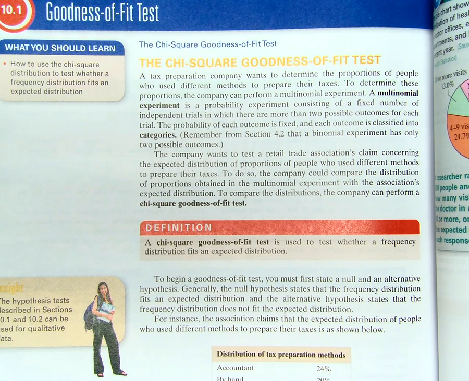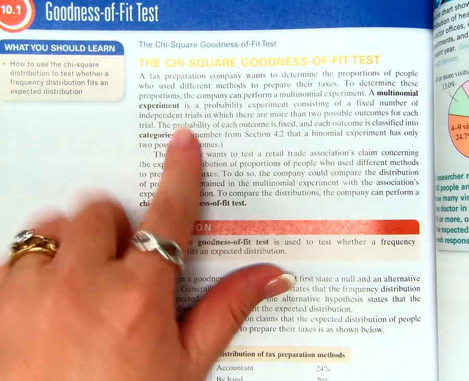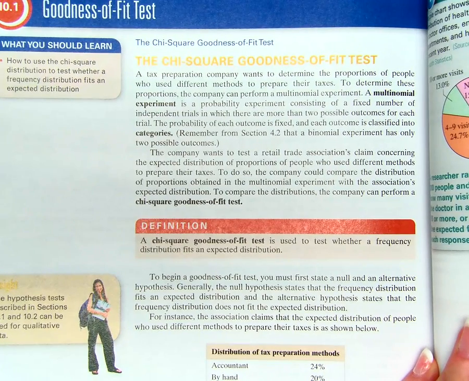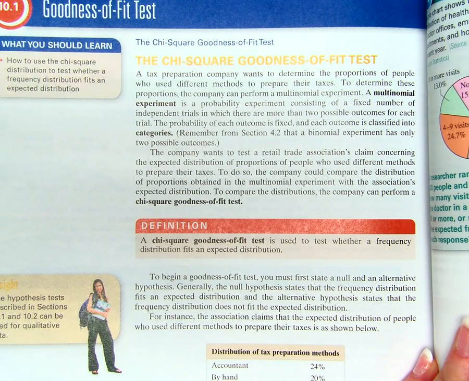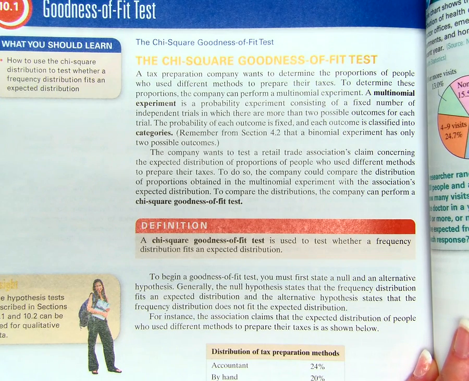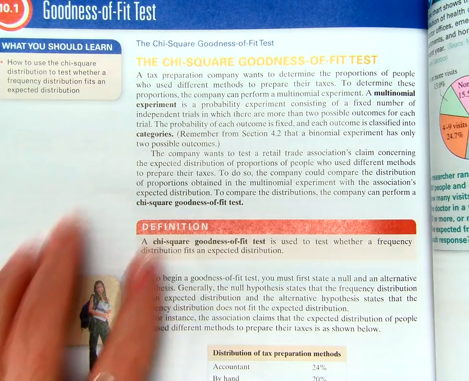To determine these proportions, the company can perform a multinomial experiment. A multinomial experiment is a probability experiment consisting of a fixed number of independent trials in which there are more than 2 possible outcomes for each trial. The probability of each outcome is fixed, and each outcome is classified into categories.